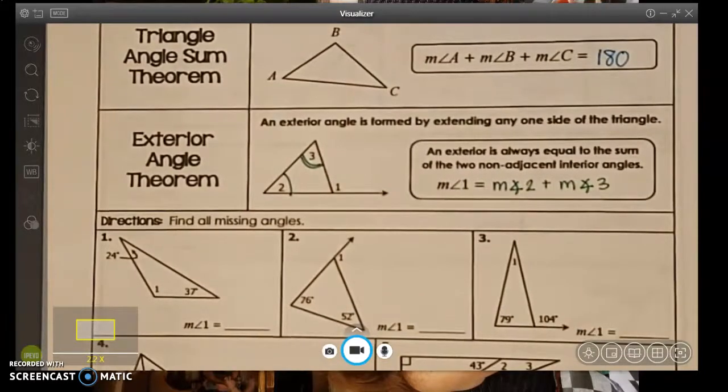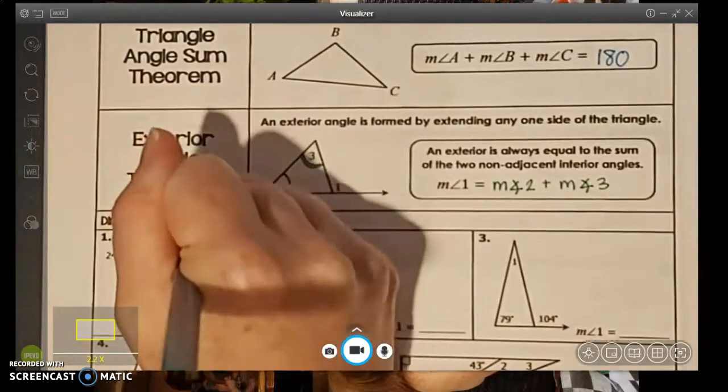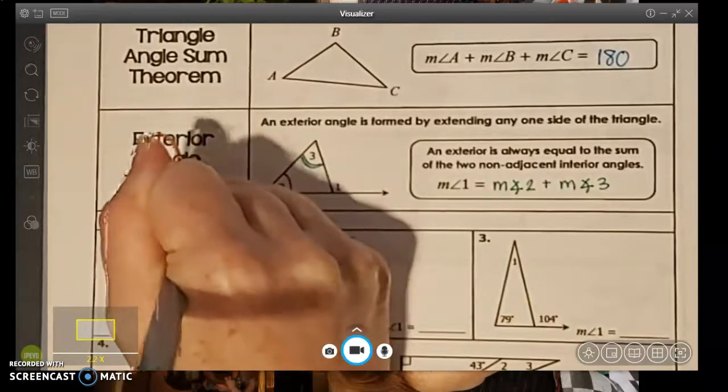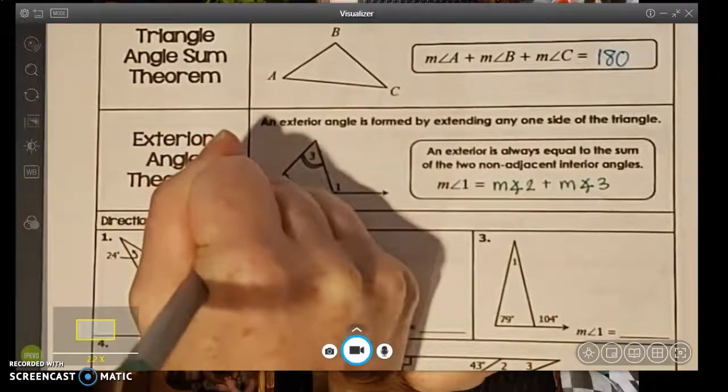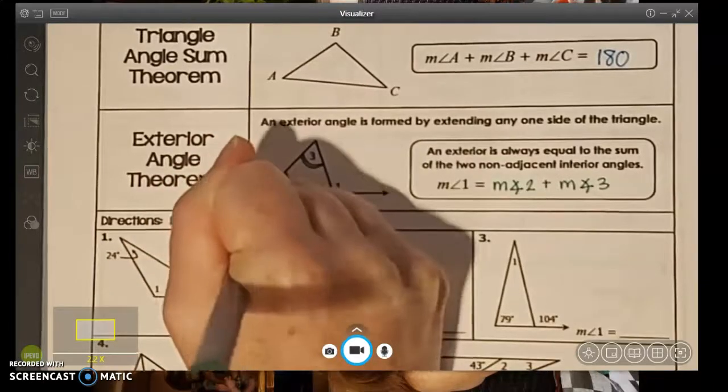So to find the measure of angle 1 there, we're going to add them all up and set them equal to 180. So we're going to take 24 plus 37 plus the measure of angle 1 and set it equal to 180.